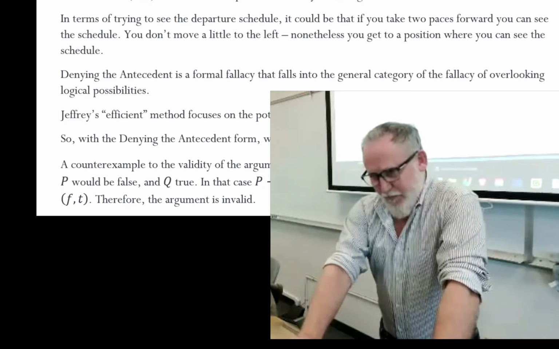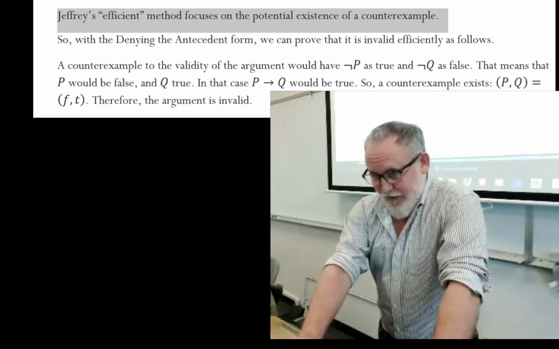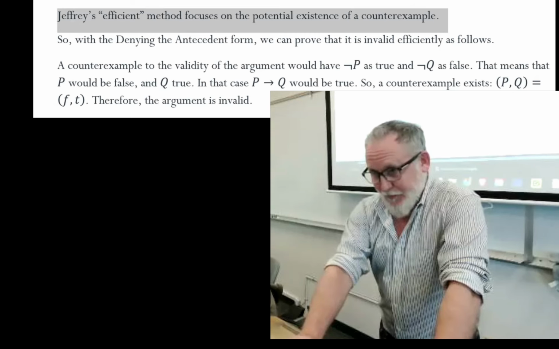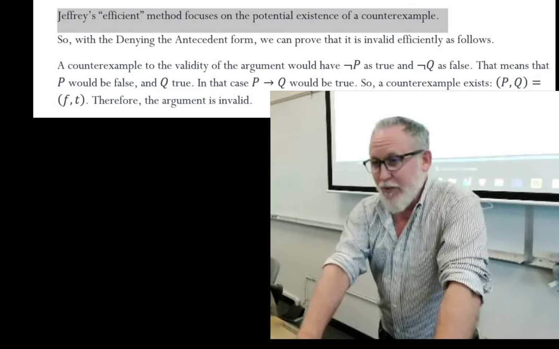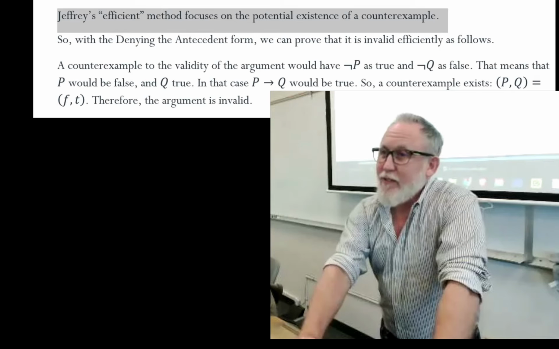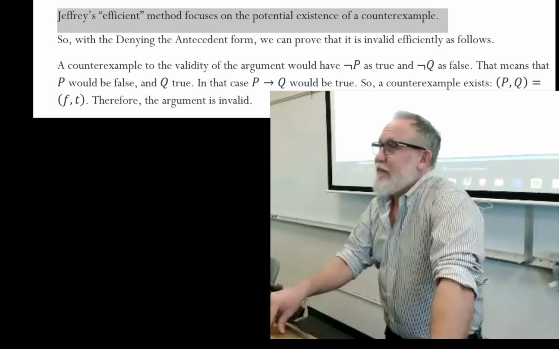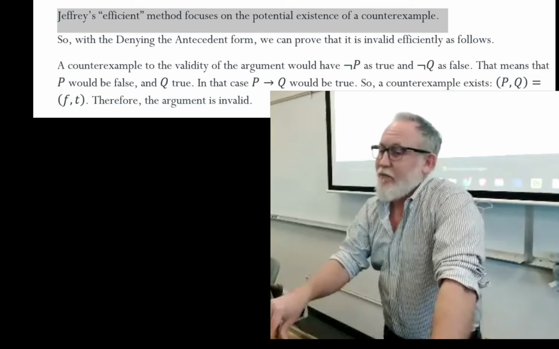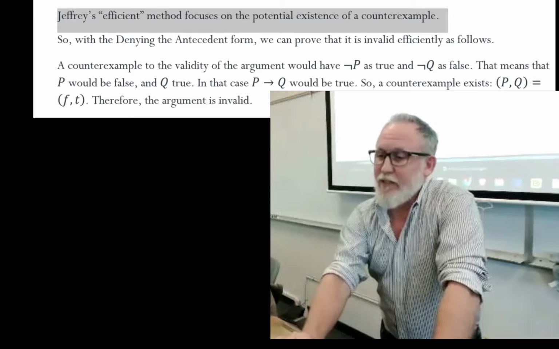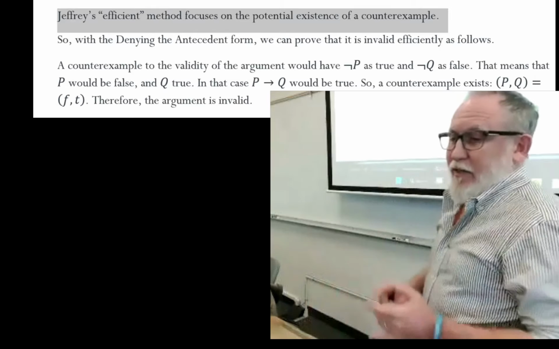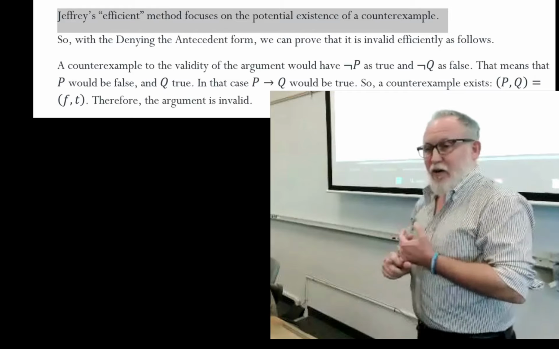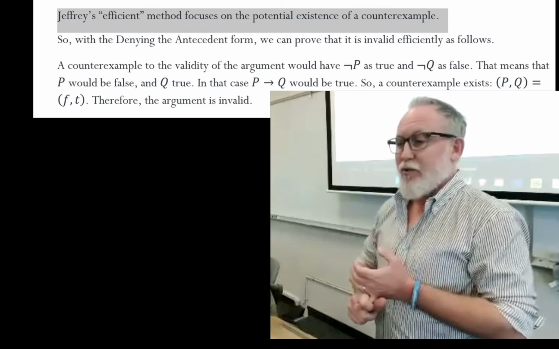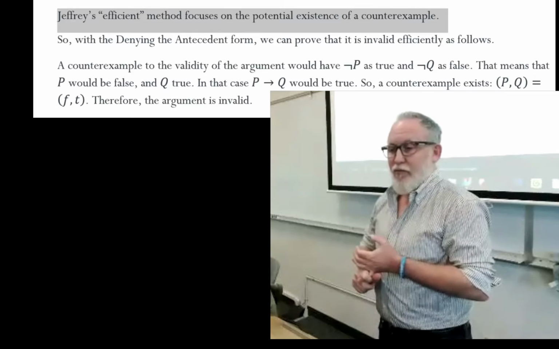So we can do this efficiently, and we can prove that denying the antecedent is invalid with an efficient proof that looks like this. A counterexample to the validity of the argument would have not P as true and Q as false.